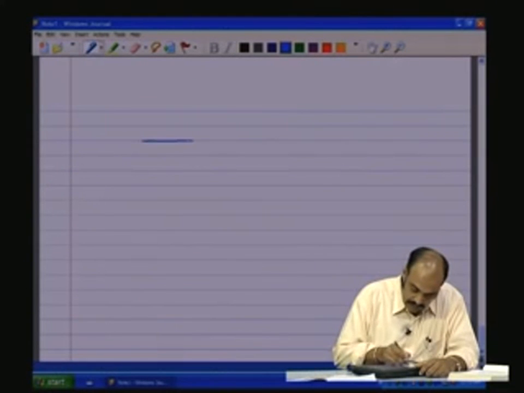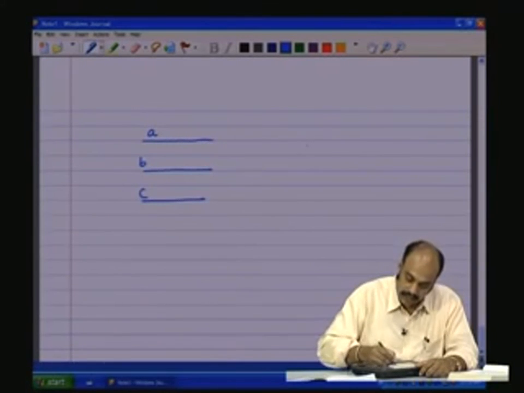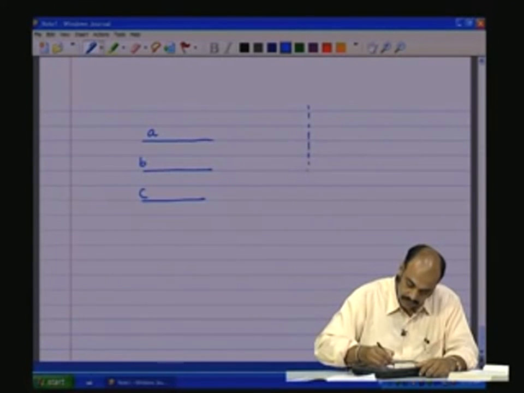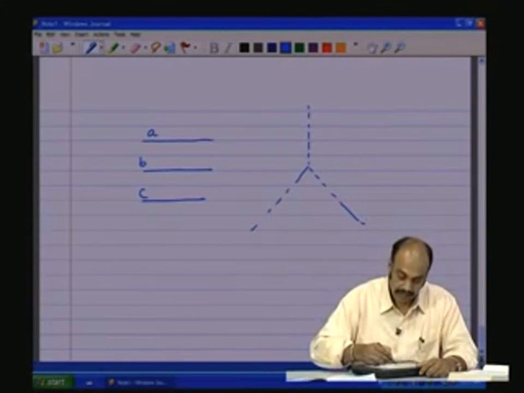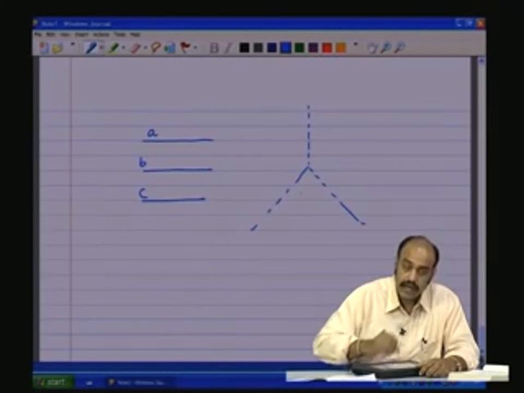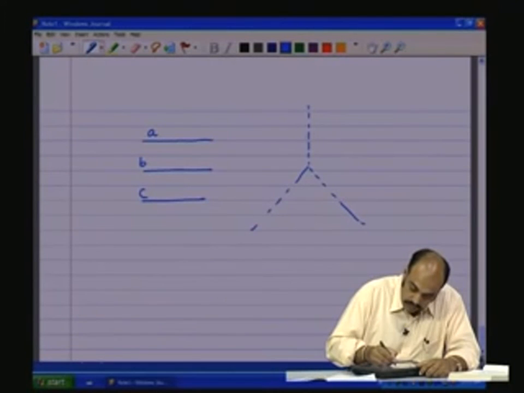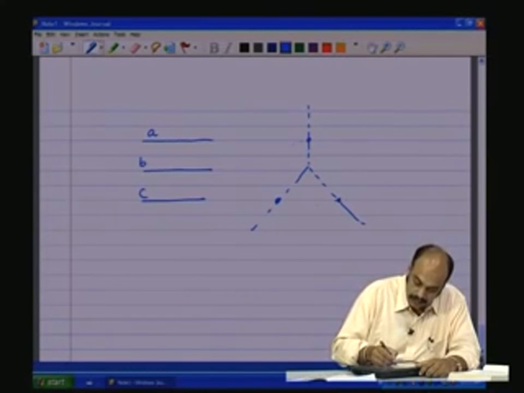So, let us say I have line A, line B and line C, and we saw that we connect it with respect to the phasor diagram in this manner, in the manner of a star, but it can also be connected between these terminals as shown here.